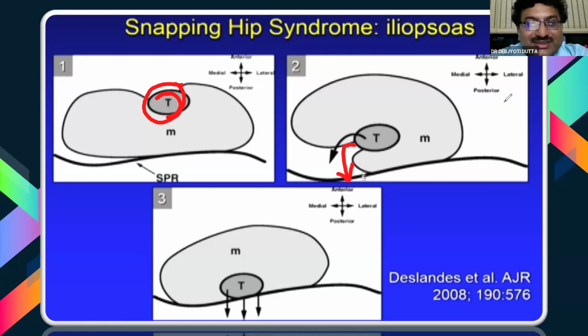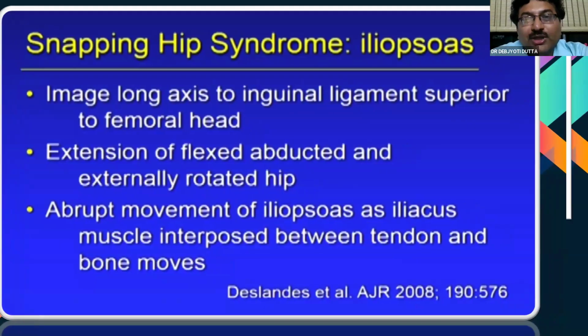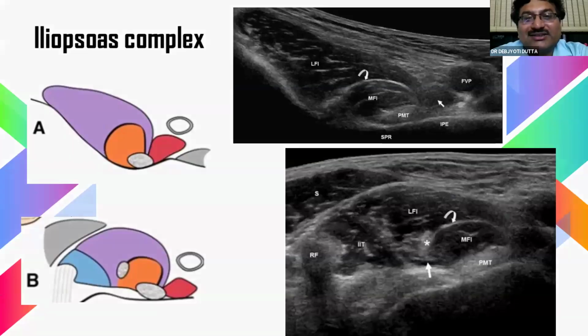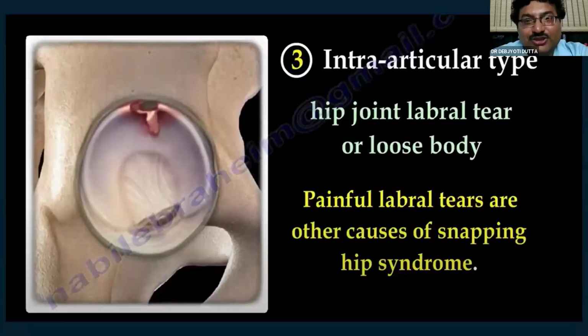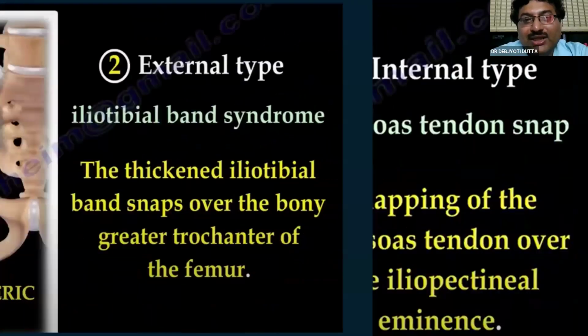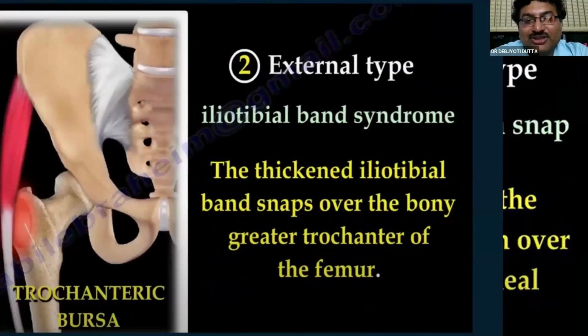So both the theories are there, and it might be associated with bursitis at the iliopectineal bursa. Okay, so this is what is known as snapping hip syndrome, and this is the internal snapping portion of the snapping hip syndrome. Now, coming to the external snapping hip syndrome.